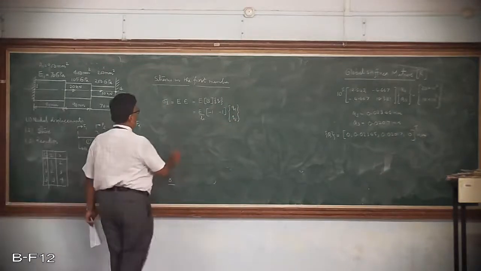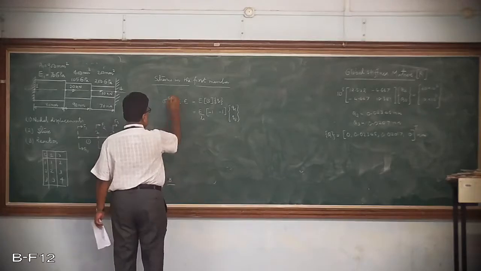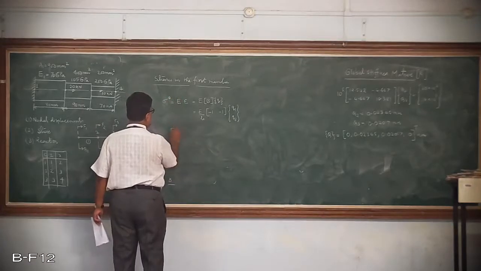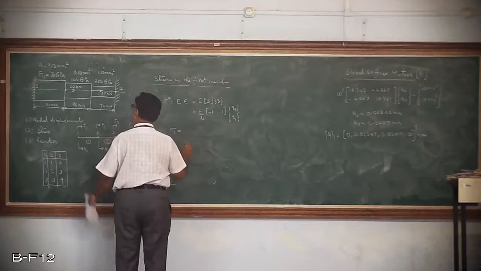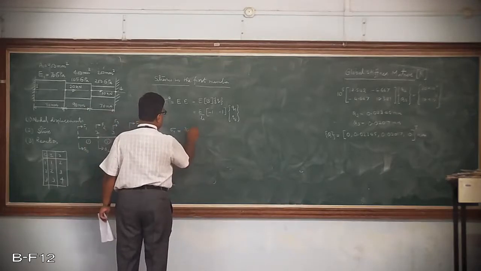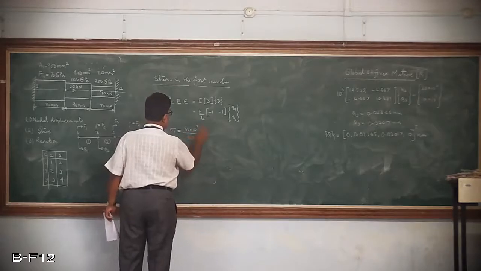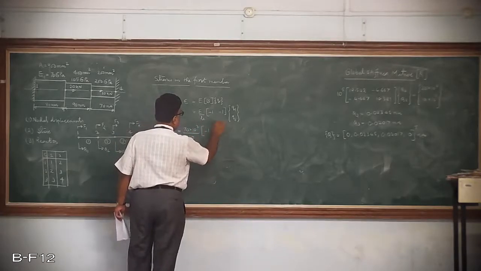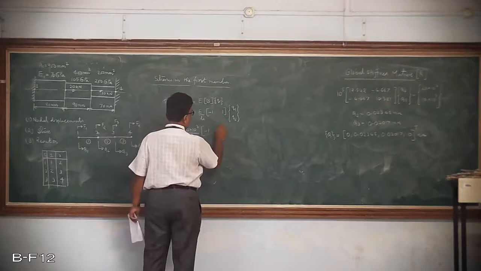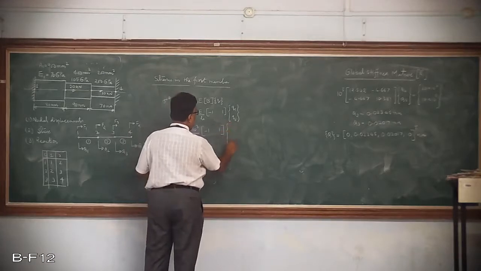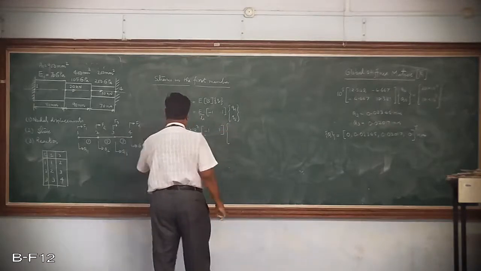Let us solve it for the first member. Let us say this is the general equation. Now let us say for the first element, Young's modulus being 70 into 10 raised to 3 divided by 80 mm, times minus 1, 1. And the first element is going to be Q1 and Q2.